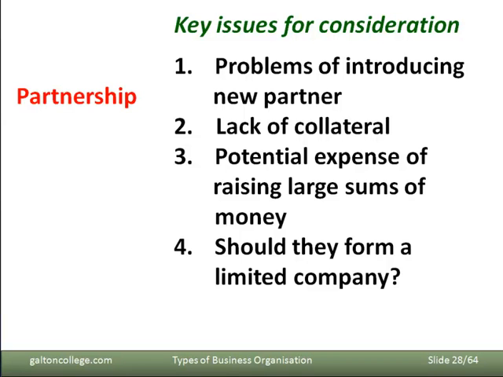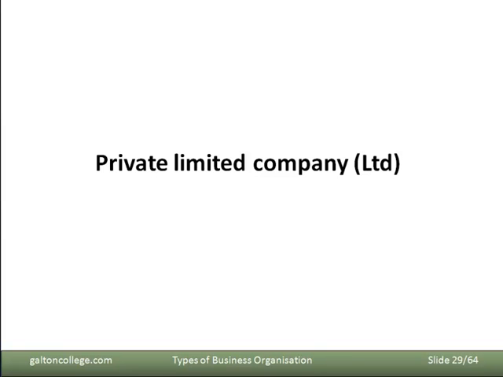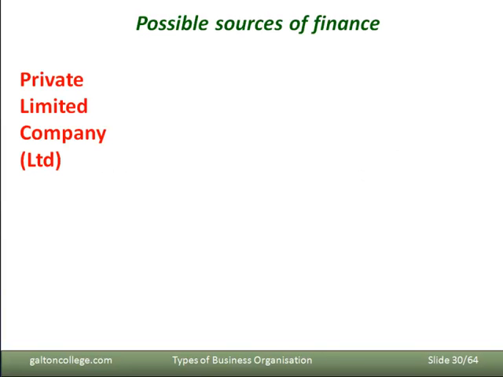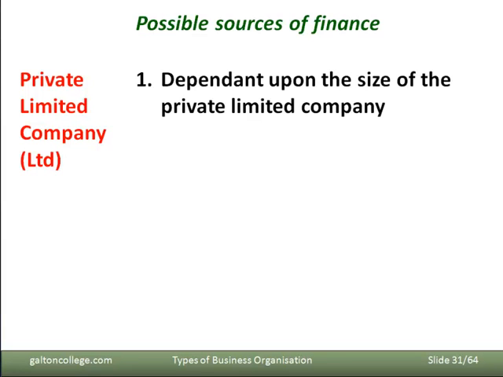Now let's turn to the private limited company and look at the issues here. Well, look at the sources of finance here, I should say. First of all, it depends on the size of the private limited company. Depends on how big it is. So the possible sources of finance will be dependent upon the size of the business.